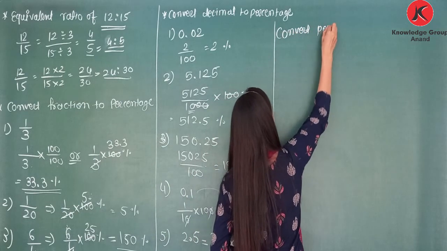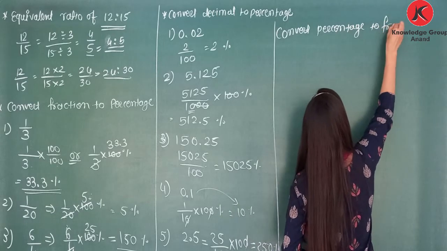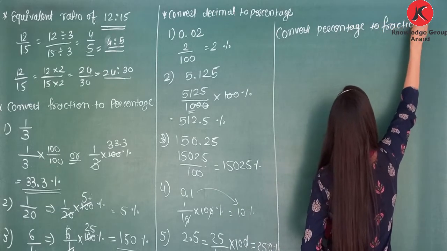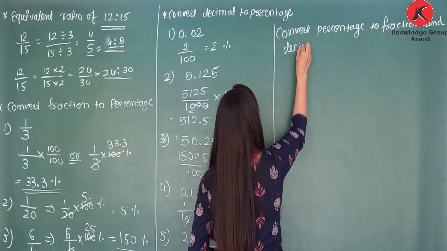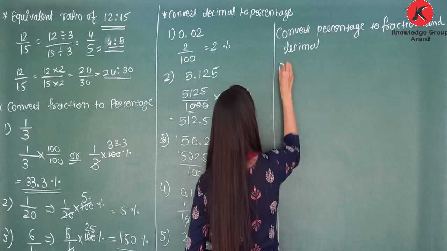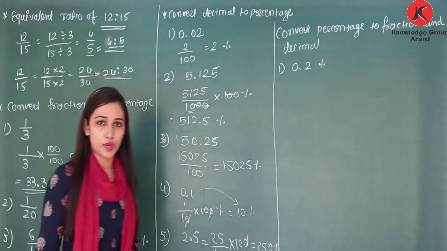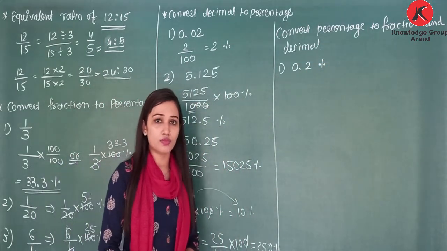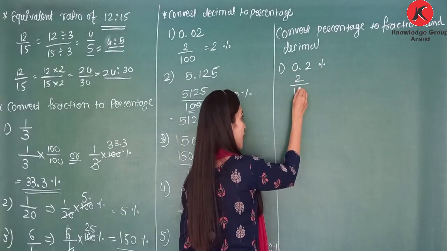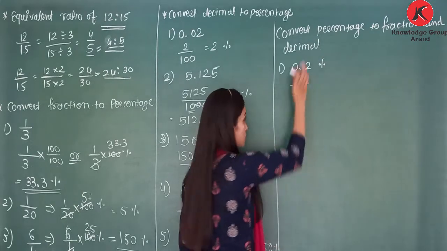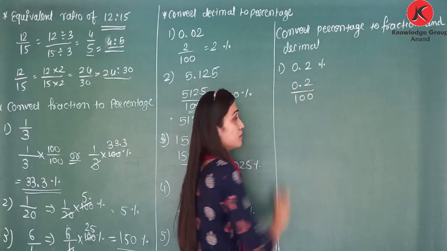Now convert percentage to fraction and decimal. If we have 0.2%, so percentage means it is a numerator of fraction with denominator 100. So 0.2 by 100.